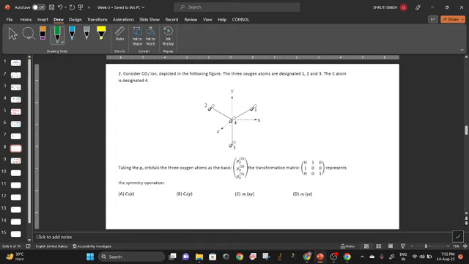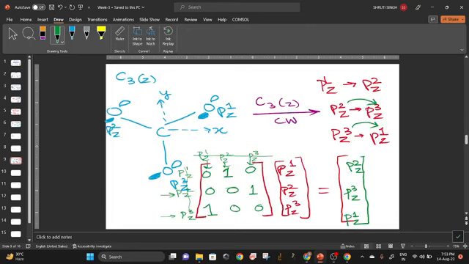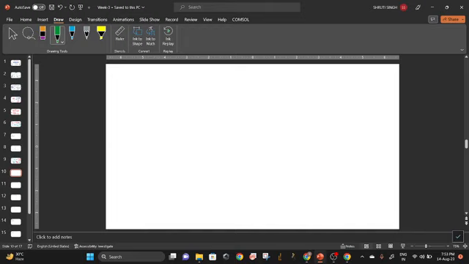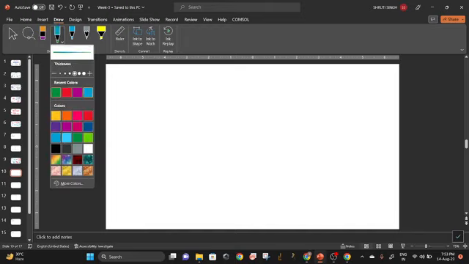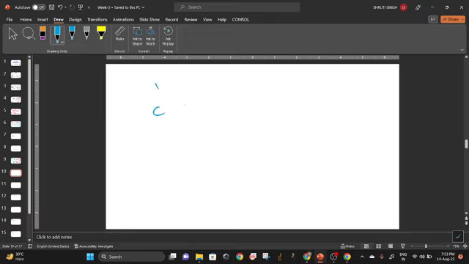Now the second option, C2y. Now we have to put a C2 along the y-axis. Okay, so let me draw this one. This is carbon, this is the y-axis along which I have to put C2.